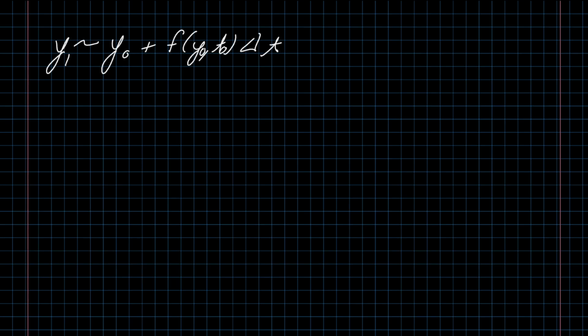But we've seen that you can expand this polynomial approximation. You could add the derivative, f prime, of y0 and t0 times delta t squared. When you do that, you're going to have to divide by 2 because it's the squared term.